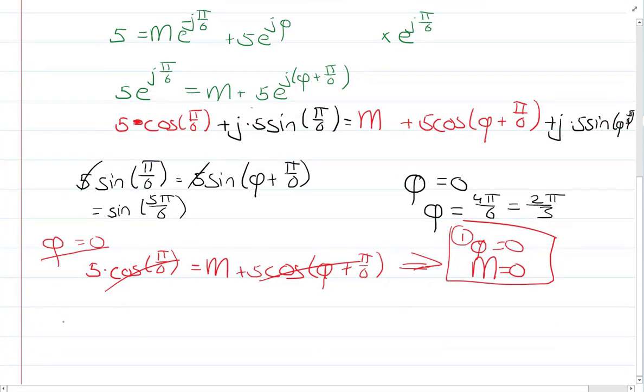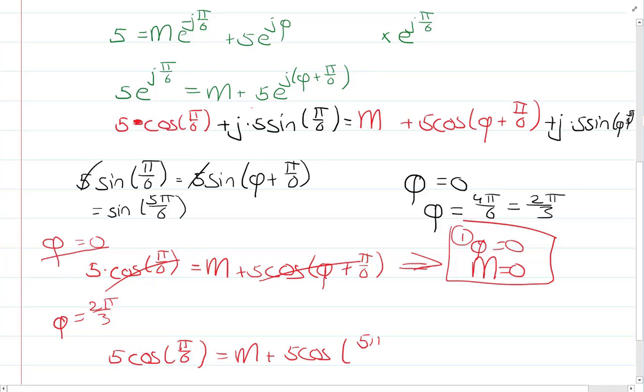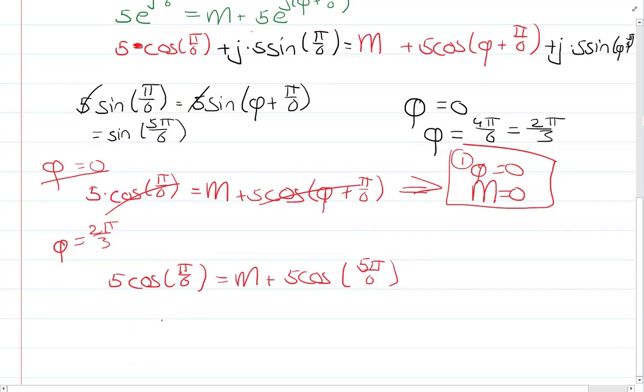Now for the second case, where phi is equal to 2 pi over 3. If we fill this in, we'll get 5 times the cosine of pi over 6 is equal to m plus 5 times the cosine of 5 pi over 6. The cosine of pi over 6 is equal to 1/2 square root of 3, and the cosine of 5 pi over 6 is equal to minus 1/2 the square root of 3.